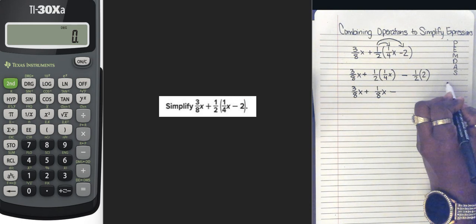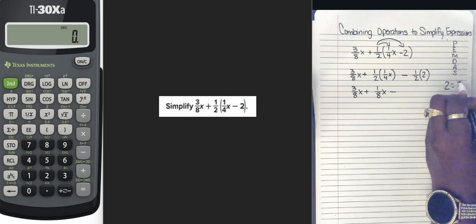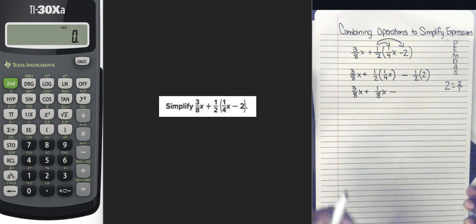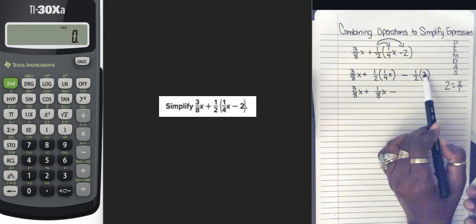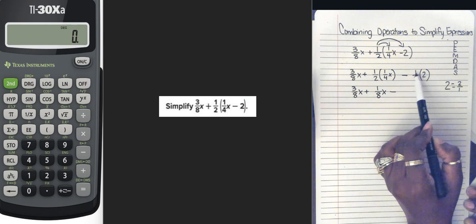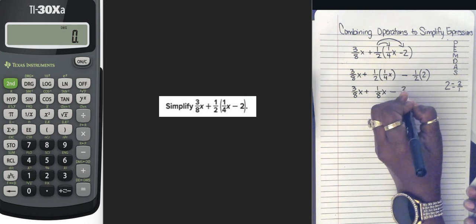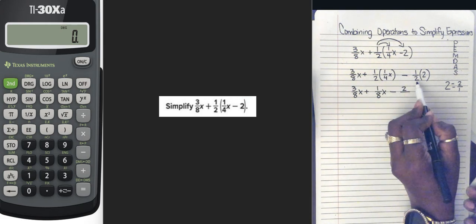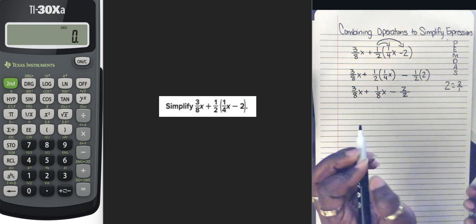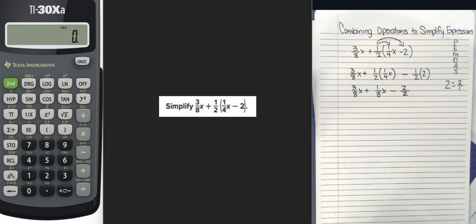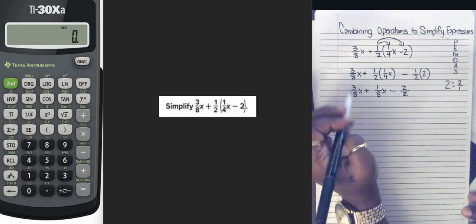Remember, looking at 2 as a whole number is the same thing as 2 over 1. So if we look at it that way, we know that this is our numerator here, the 2. So 1 times 2 gives us 2. And then 2 times 1 is going to be 2. Okay. So this is what it would look like. And now we're going to just simplify it.